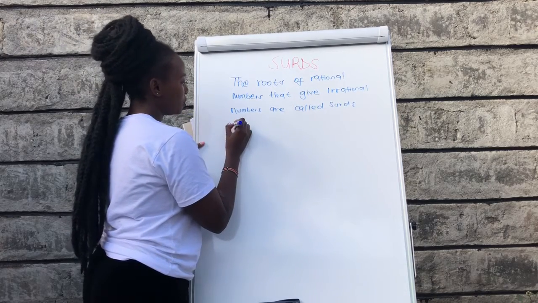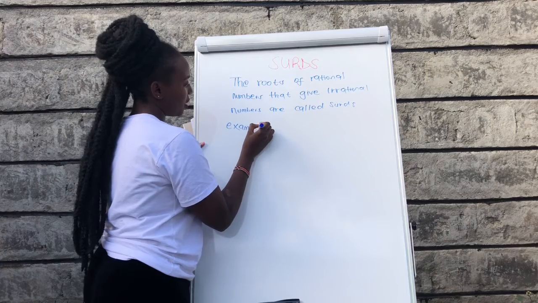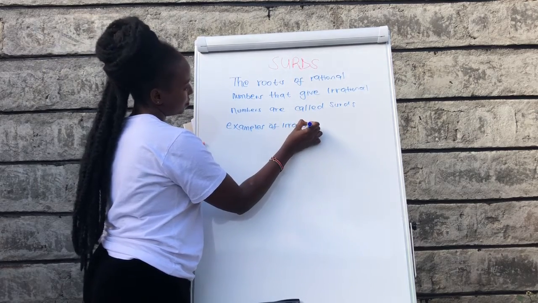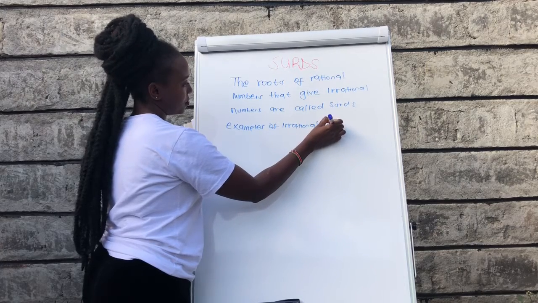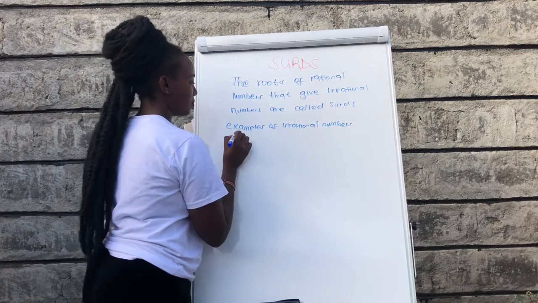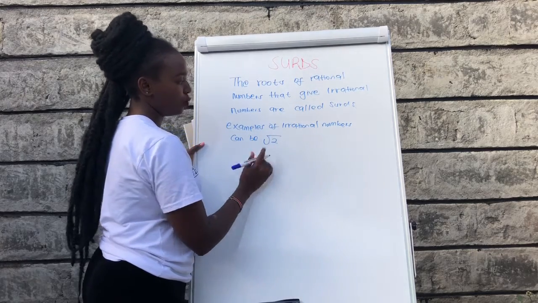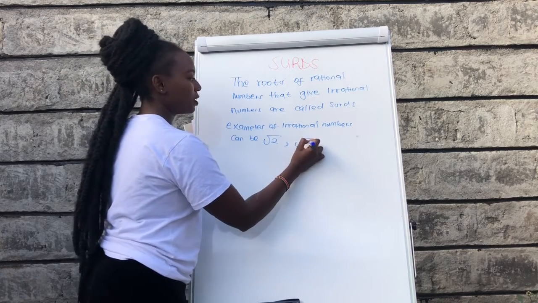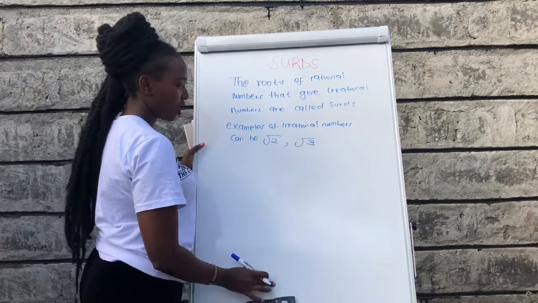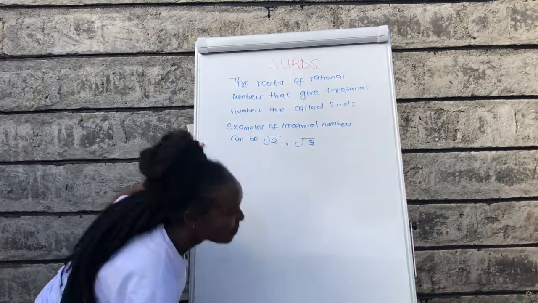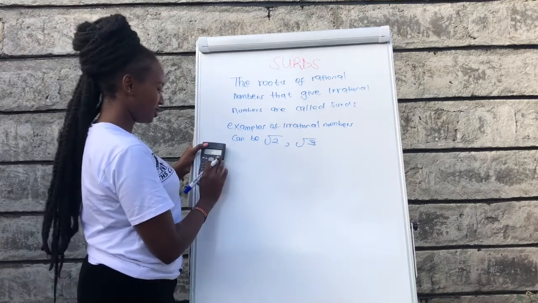So examples of irrational numbers can be square root of 2, square root of 3, which when you try to find them, they'll give you decimals.